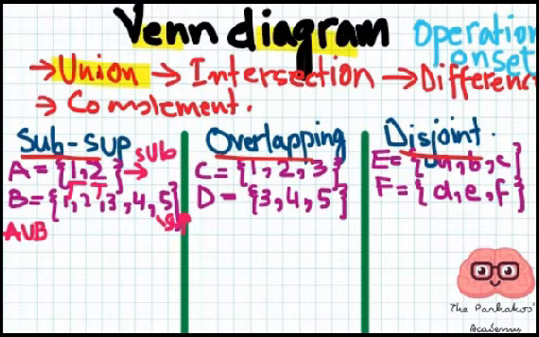So A union B is, I'm doing it directly here because I'm supposing that you know all this, and we are here to draw the Venn diagram basically: 1, 2, 3, 4, 5. So it has got all the elements in A and B.